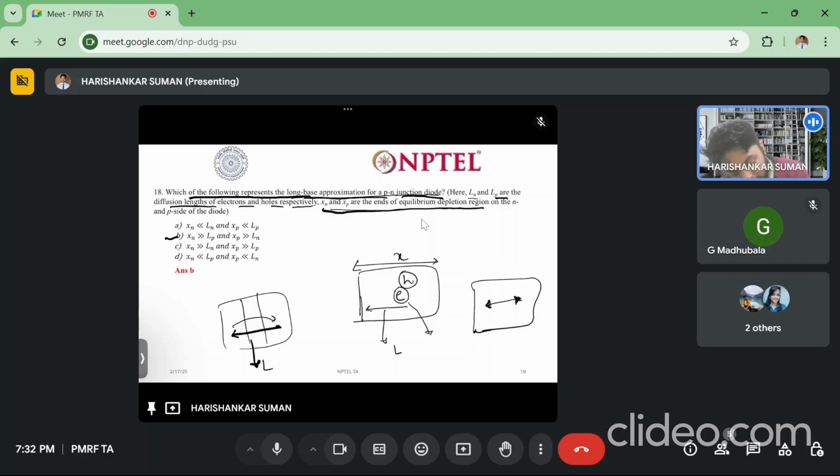So Xn is greater than the diffusion length of hole, and Xp is also greater than that for electron. So for long base, let's say this is Xn, the diffusion length for long base. A hole cannot diffuse from here.